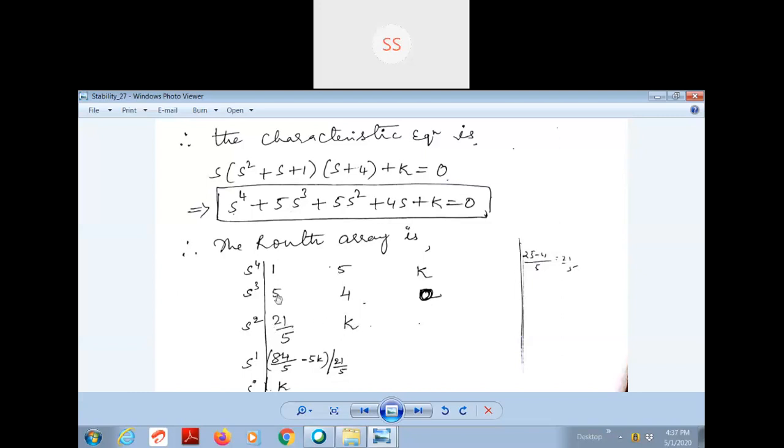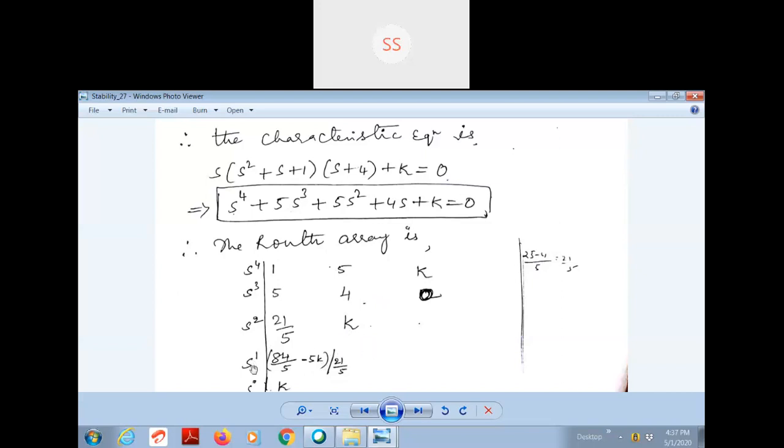So b2 is equal to 5 into k minus 1 into 0, divided by 5. Okay, so 5 will cancel, only k is going to remain. Now this calculation is just the same as the previous one, whatever we have solved. So in the same process we go on writing the root array.